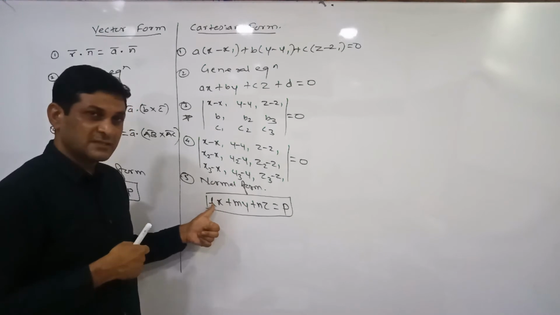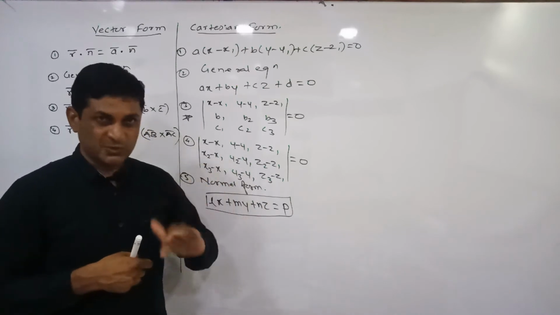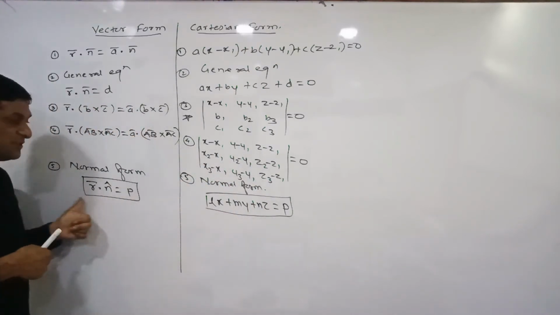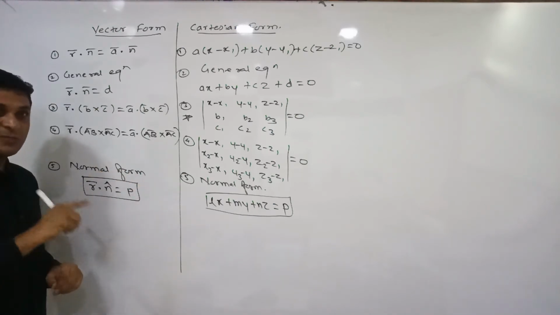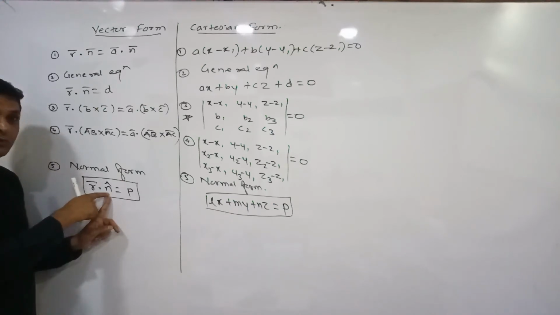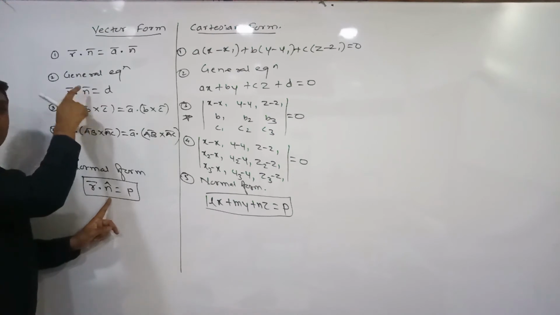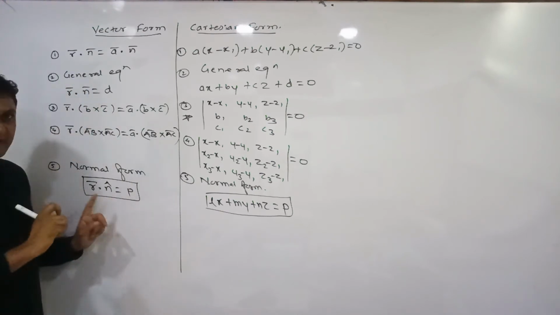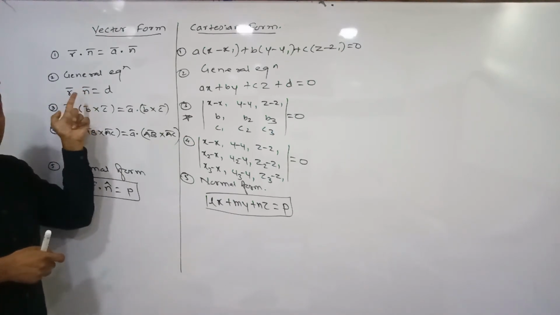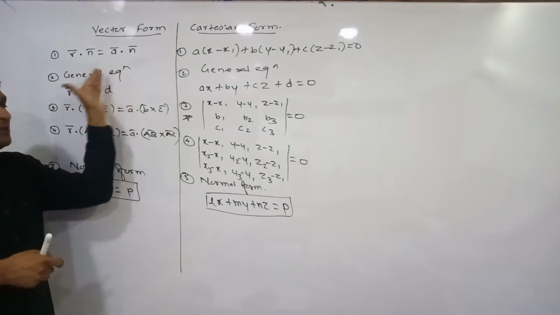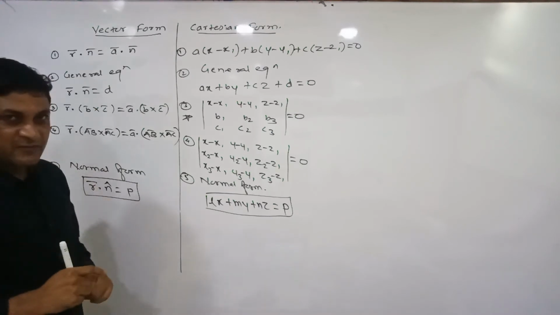We can say so only if the coefficients of x, y, z are direction cosines, and the equation is given in normal form, with a unit vector along the normal. If the unit vector along the normal is not given, first convert this vector into a unit vector. How? Divide this vector by its magnitude, and it becomes a unit vector. Then whatever new value we get on the right hand side is the distance of the plane from the origin.